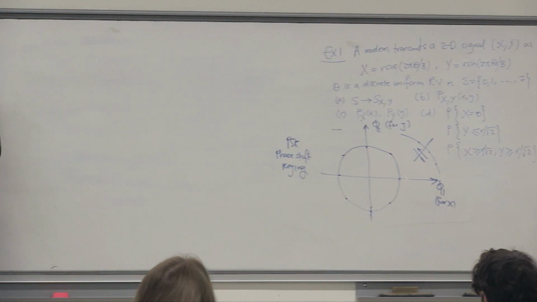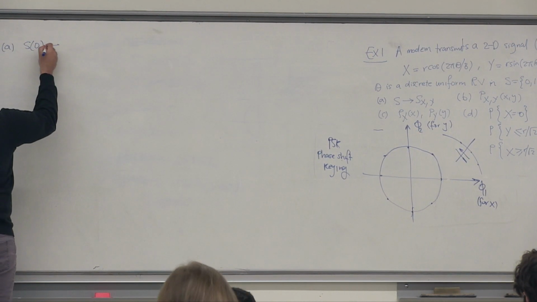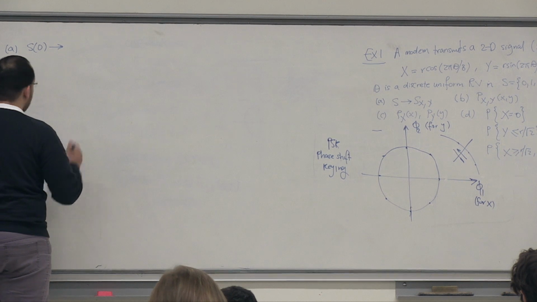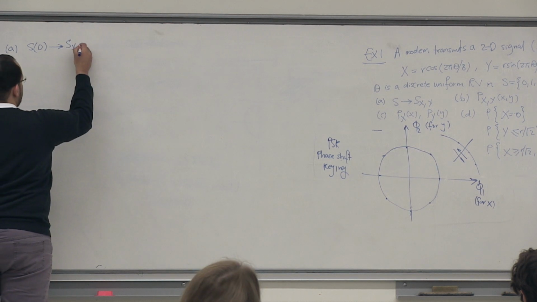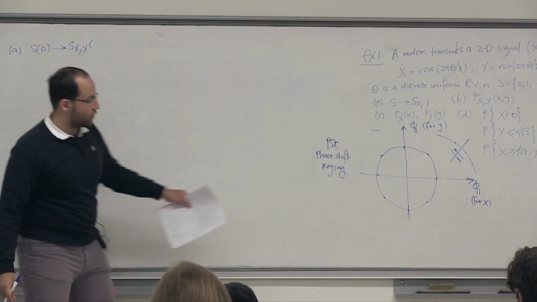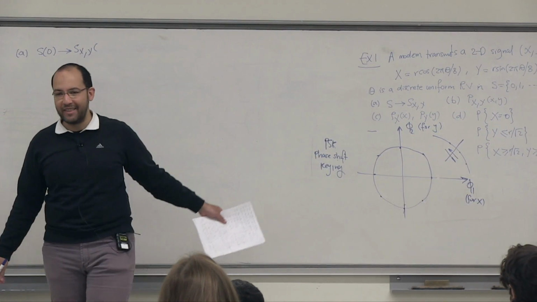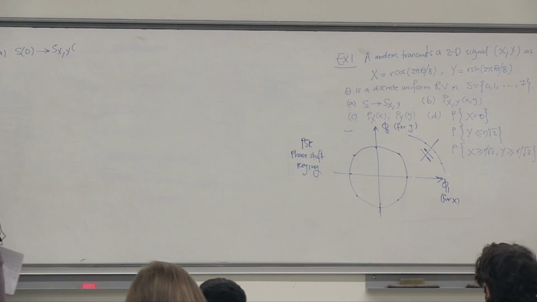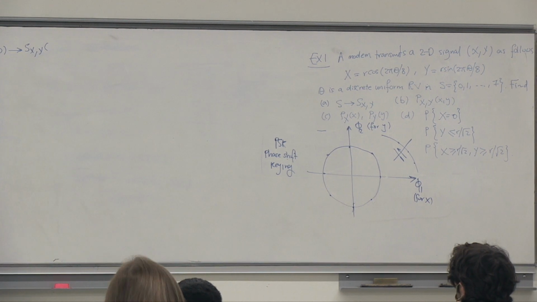So we can do it quickly together. So Sx of 0 is Sxy of what? You can just look here and tell me the answer immediately. Exactly, R and 0, right?